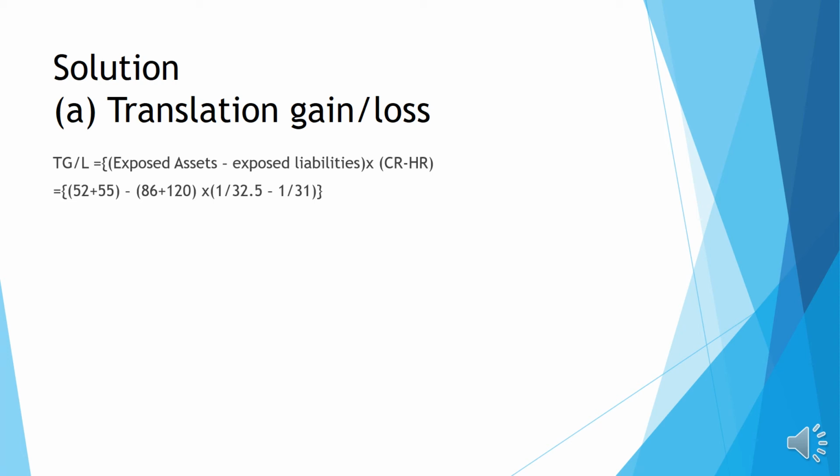So when we do this, we get negative 99 times the difference in exchange rates, and we end up with 147,395 shillings, Kenya shillings.